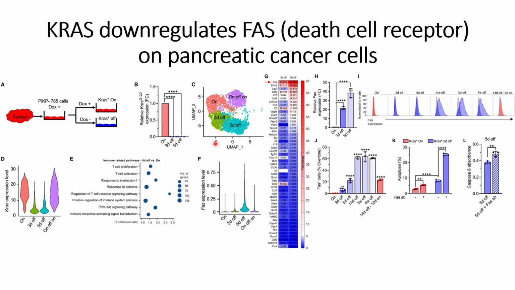Then they checked the single-cell RNA-seq data of these different cells, and they found that each population behaves differently on the UMAP. The KRAS mutations on population segregated separately from the KRAS mutations off populations at 3 days and 5 days.